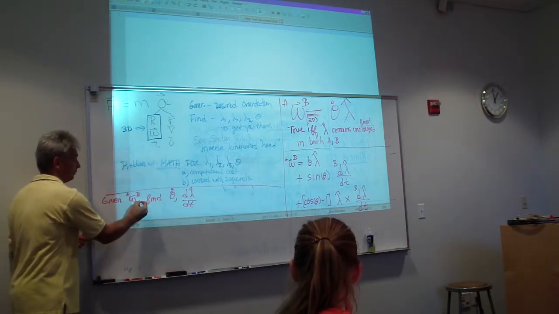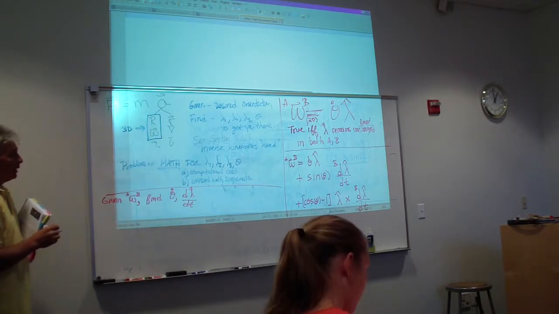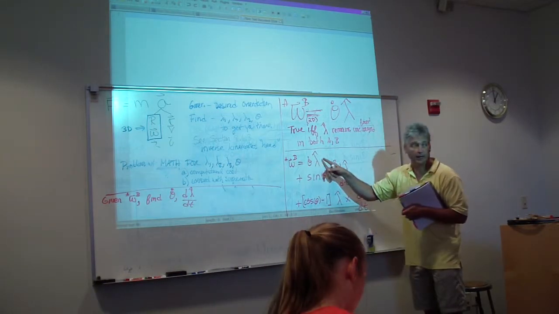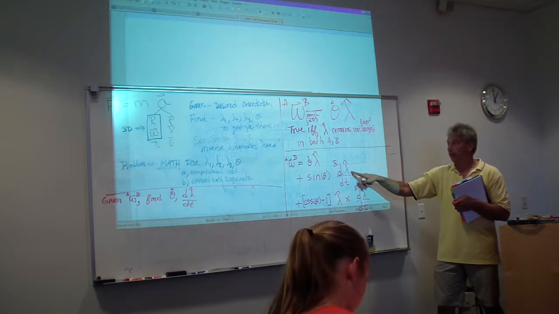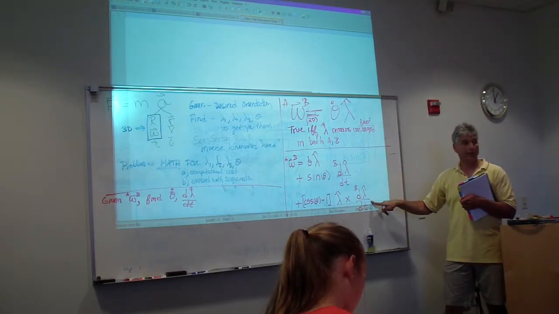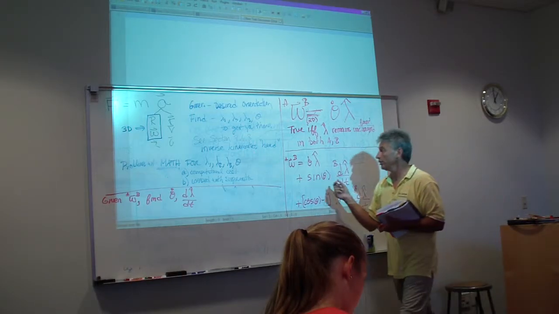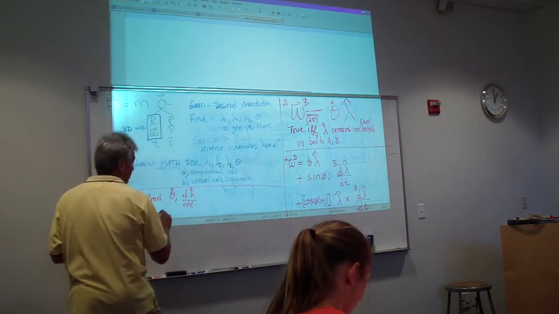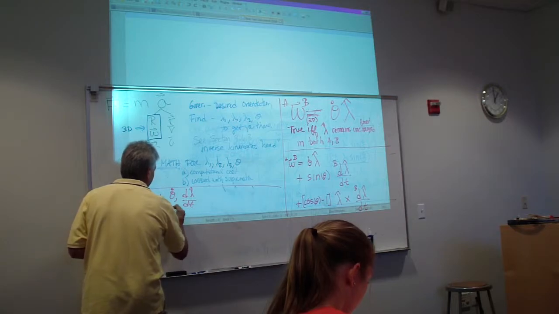So given this, find those. And it turns out it's not that bad, because if you look at it, lambda and d lambda dt are actually orthogonal. So these form an orthogonal basis, like a good old i, j, k type of basis. So you can solve, and this is all in the book, it's just theta dot is omega B and A dot lambda. So that's not so bad.